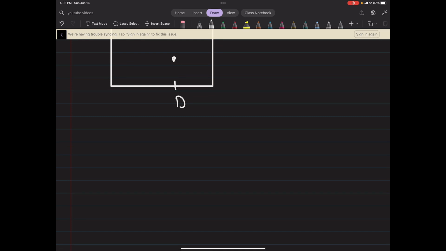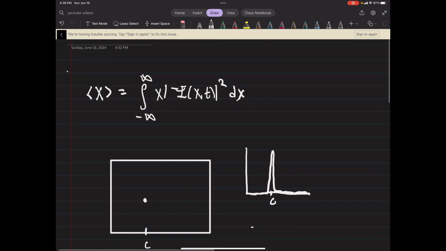Now let's get into the math a little bit. We're going to define the expectation value of your velocity to be the time derivative of the expectation value of your position. So if we go to our definition here, if we take a time derivative of this, we'll be able to get our expectation value of velocity.